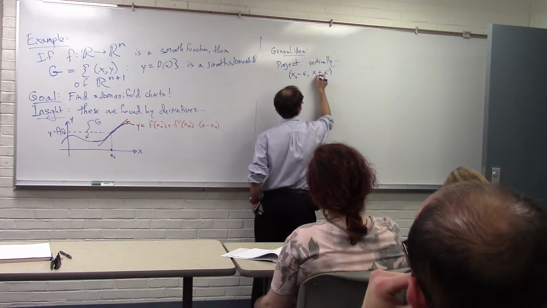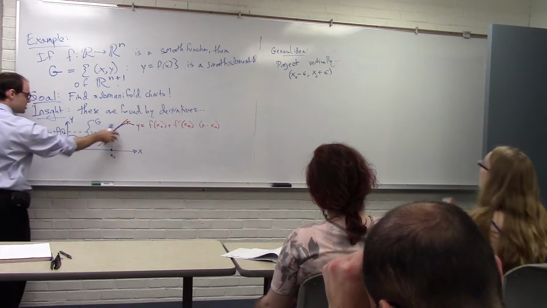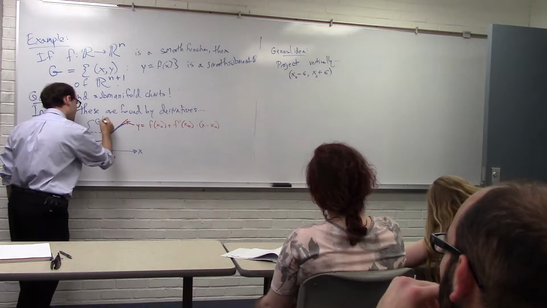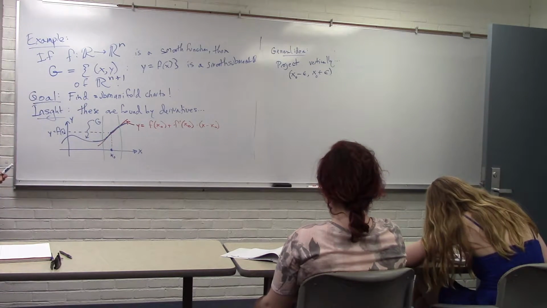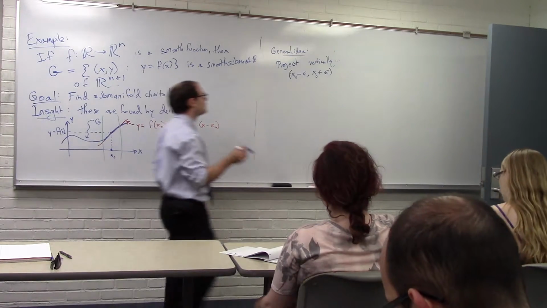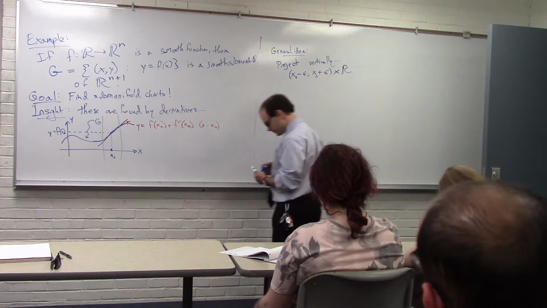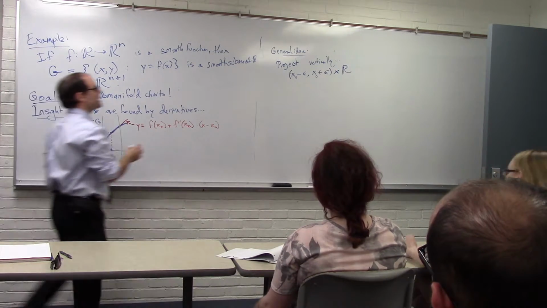So I want to build my chart, which is going to be on this set here. I want a submanifold chart. Well, I'm going to make a submanifold chart on this kind of set, this strip. So I'm going to build my submanifold chart to be my open set like this.